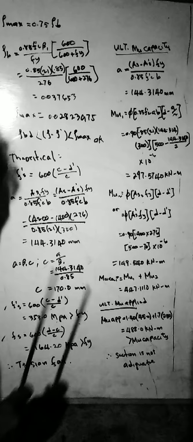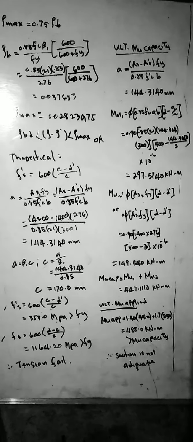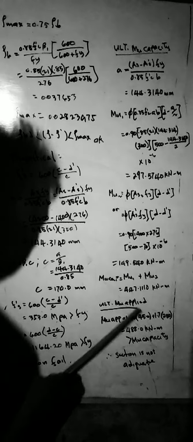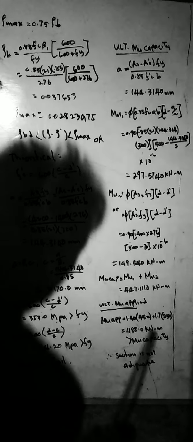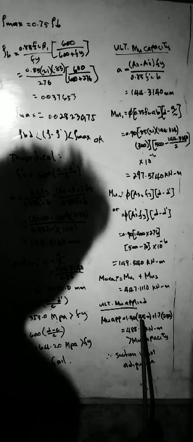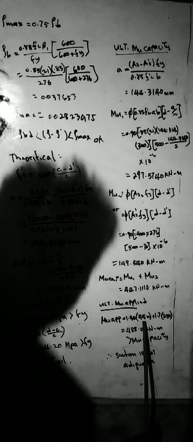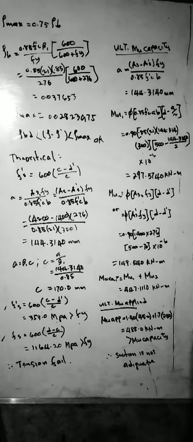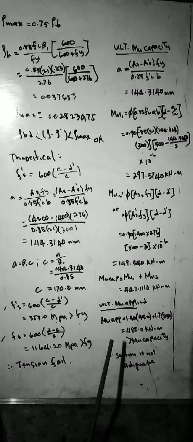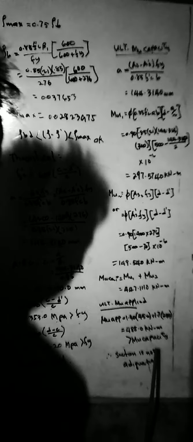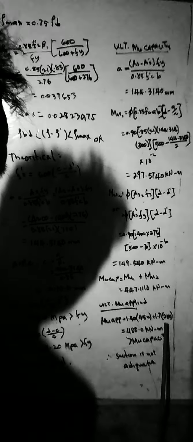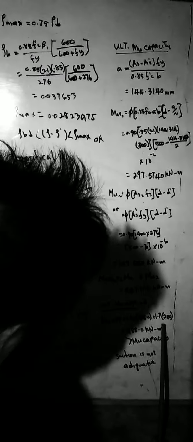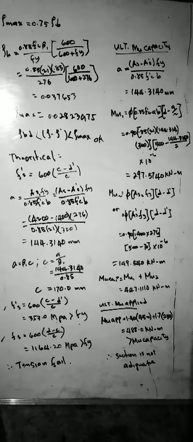Okay. Now we will compute the ultimate moment applied. The ultimate moment applied is equal to 1.40 times the dead load moment plus 1.7 times the live load moment.